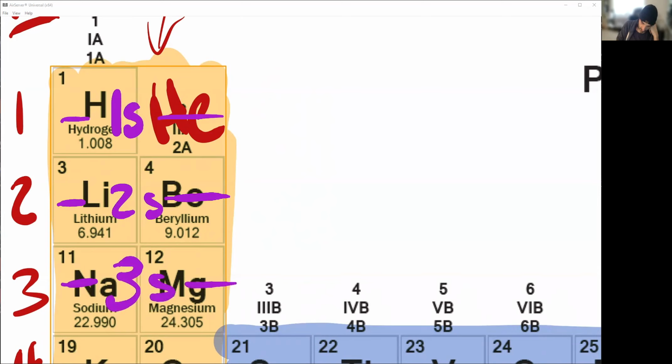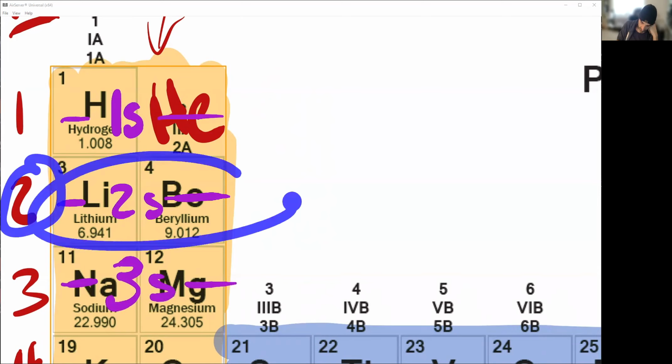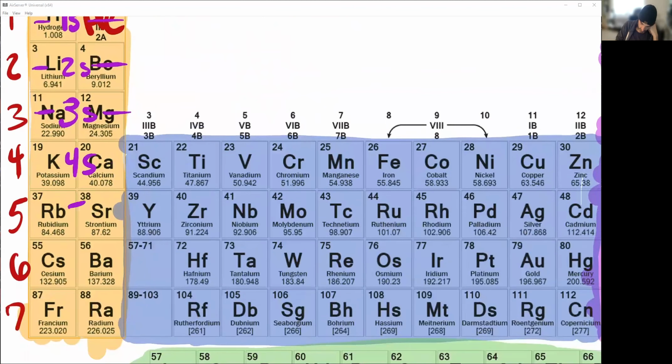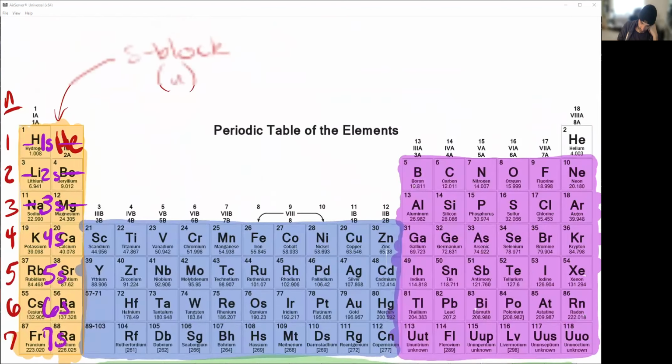Again, it's the number out front plus whatever block that we're in. So this right here, this is the 4s, okay? So 4s, 5s, 6s, 7s. Easy enough.